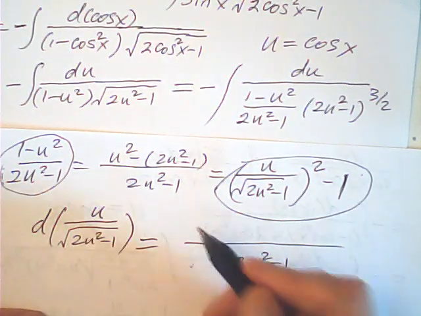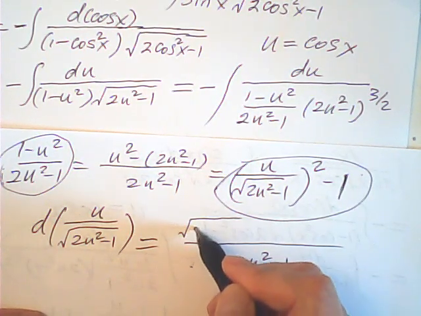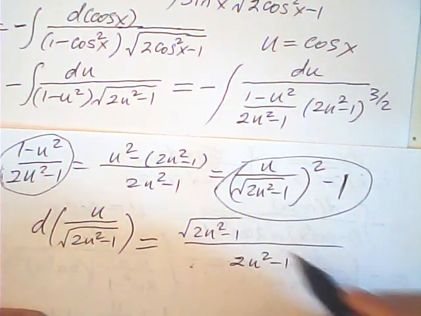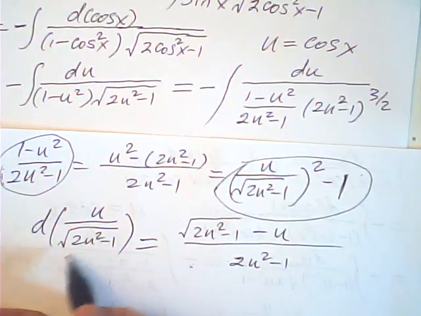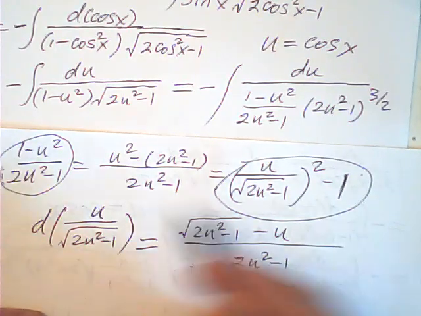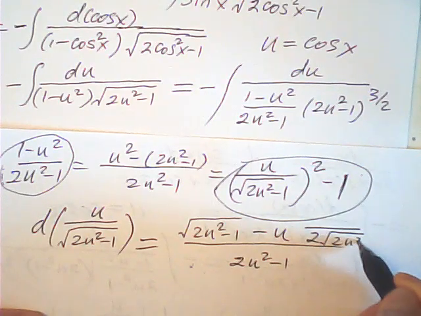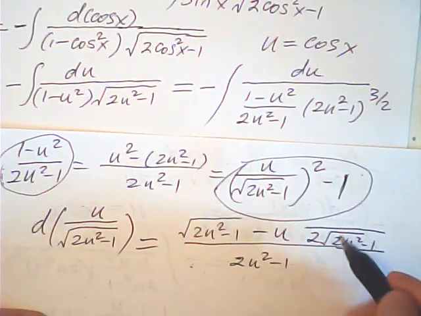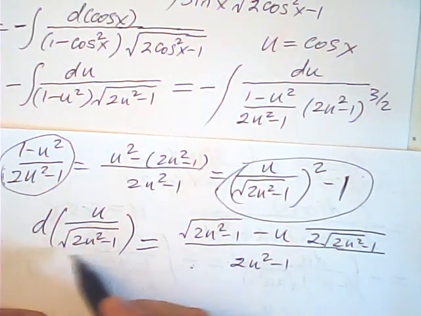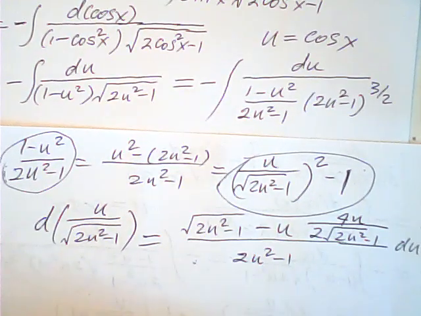The numerator becomes the derivative of u times this, 2u squared minus 1, minus u times the derivative of the square root. That derivative with respect to u is 1 over that, multiplied by the derivative of the inside, a chain rule, which is 4u du.